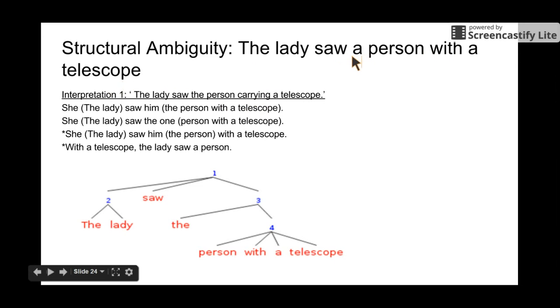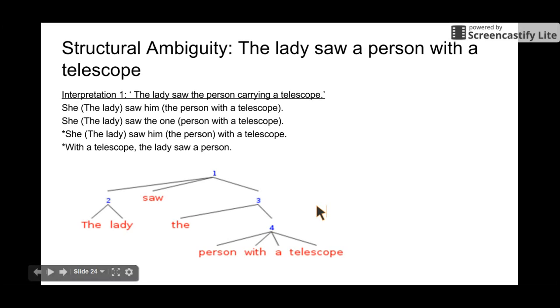We are trying to show that the whole string, a person with a telescope, is a single constituent. Then we can use him to replace a person with a telescope, right? So here, the lady saw the person with a telescope. We can use him to represent the whole string here.